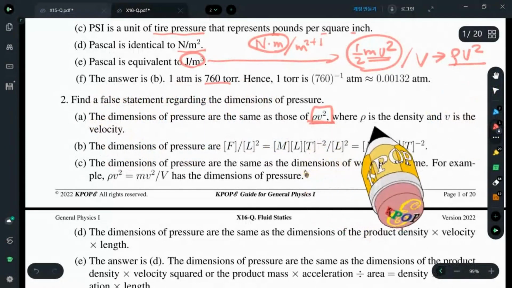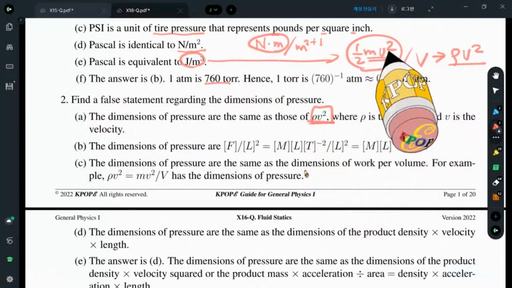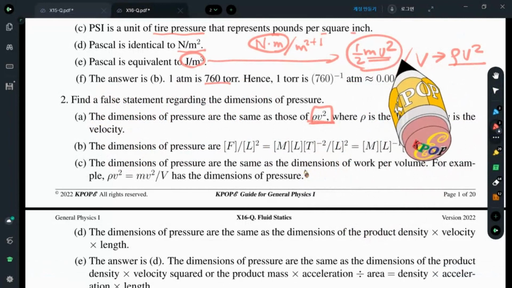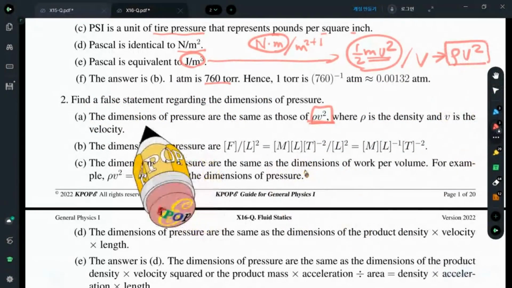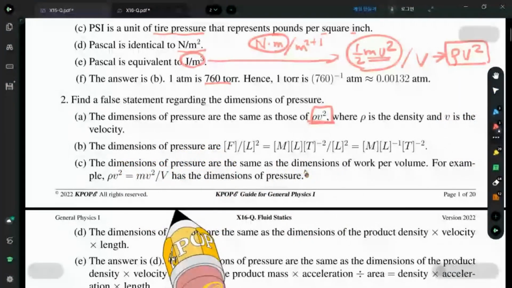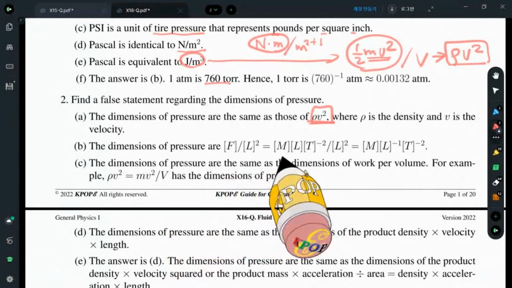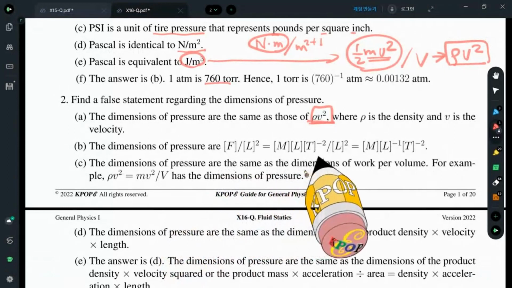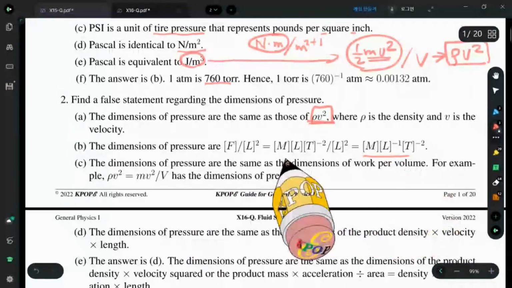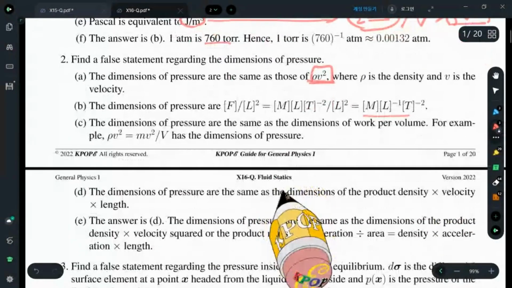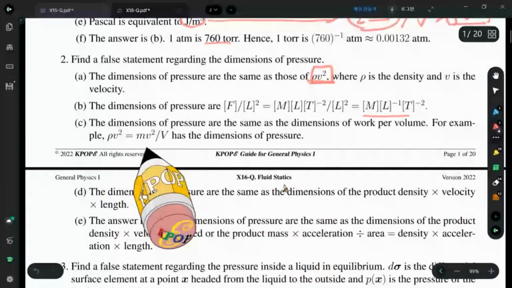Rho V squared, density, mass per volume, multiplied by velocity squared, is of dimensions of pressure. If you look in terms of mass, length, and time, then you will find this. I already explained this.